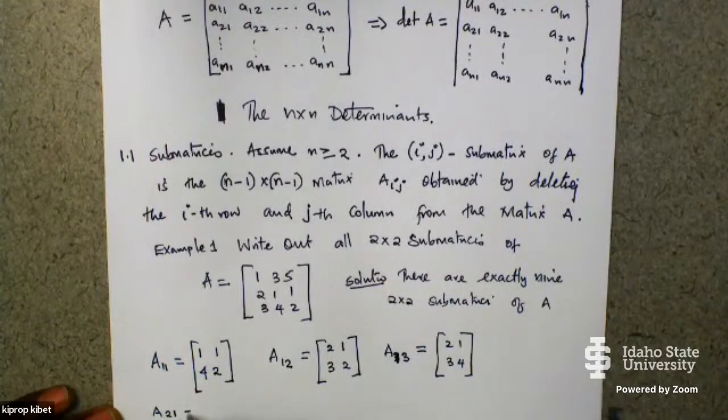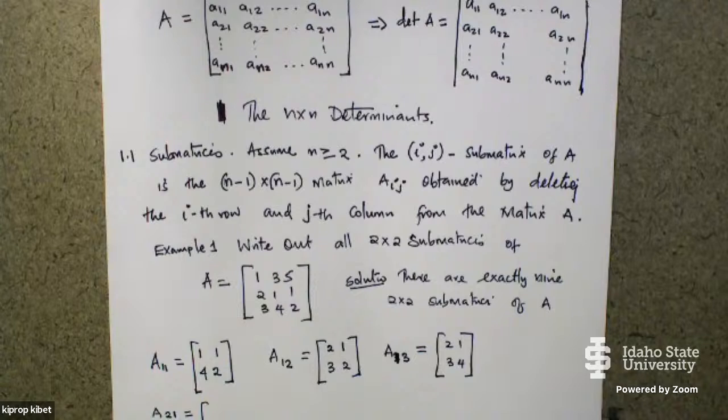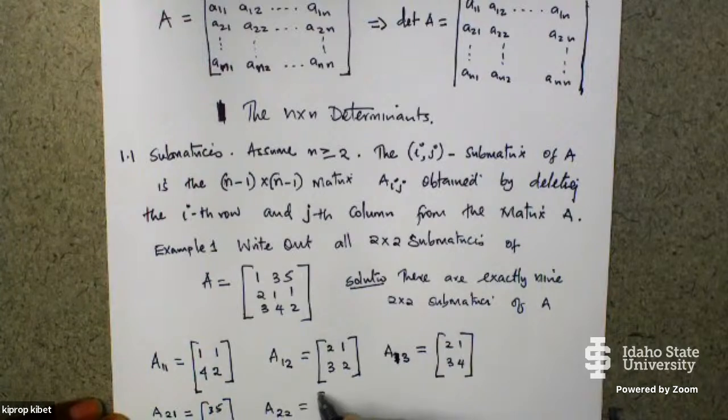A21 is found by deleting the second row and the first column. What remains is 3, 5, and 4, 2. A22, delete the second row and the second column.